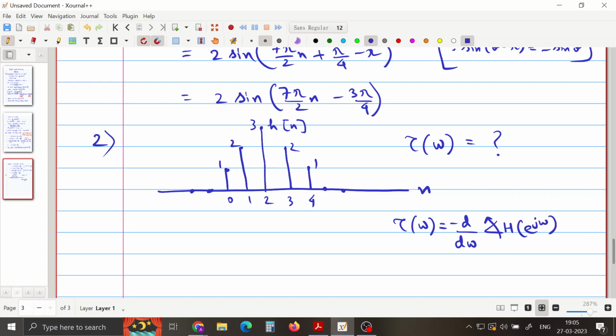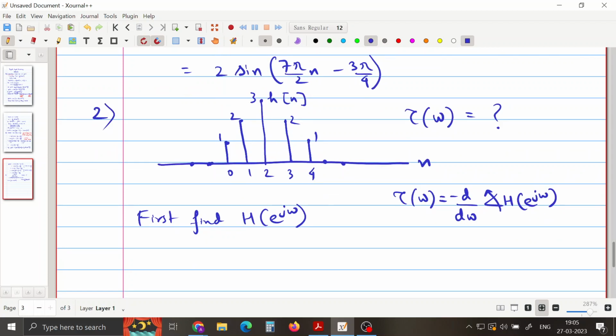So the first thing that comes to our mind, as you told, is to first find its DTFT from h of n to capital H of e power j omega, then find the phase of that frequency response, and calculate tau of omega by taking the negative derivative.